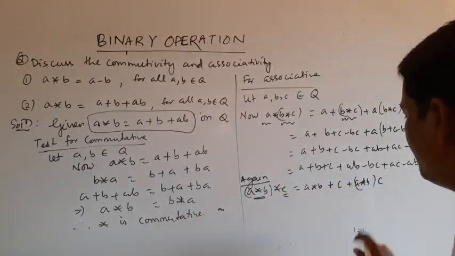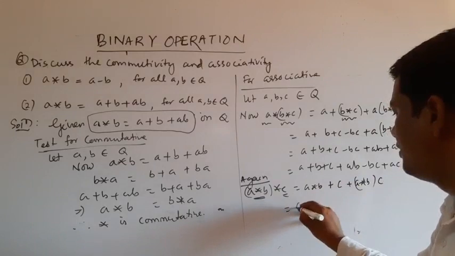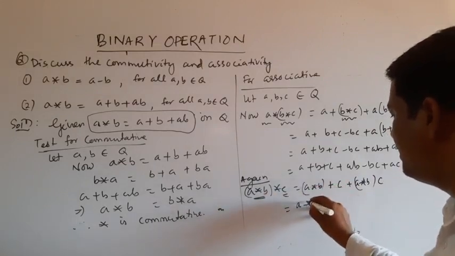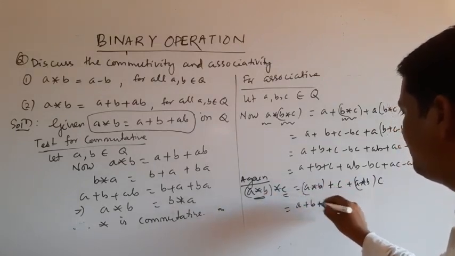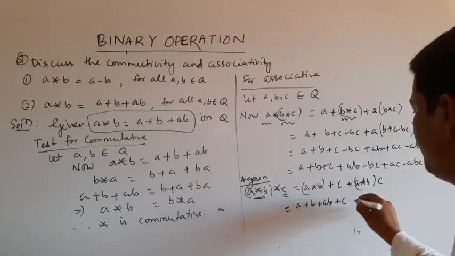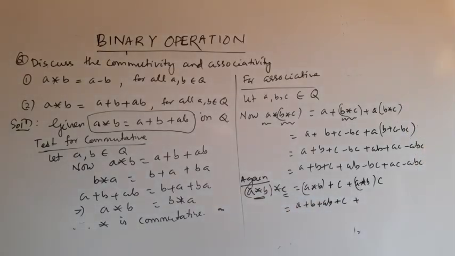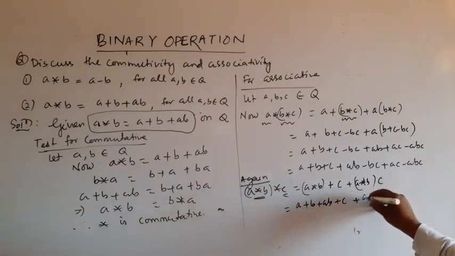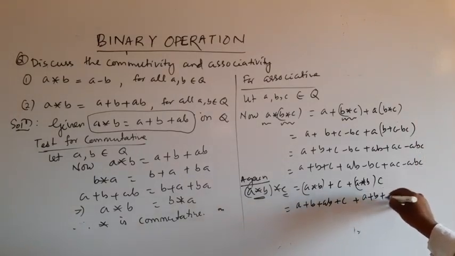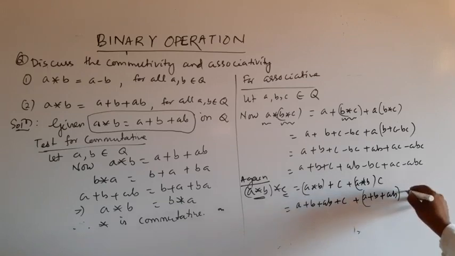So apply here: a star b means a plus b plus ab, plus c, plus a plus b plus ab into c.